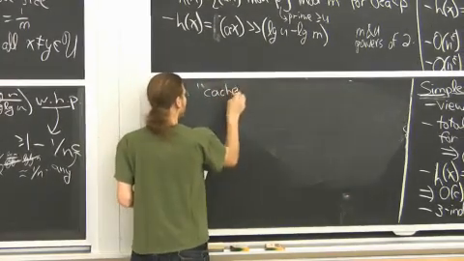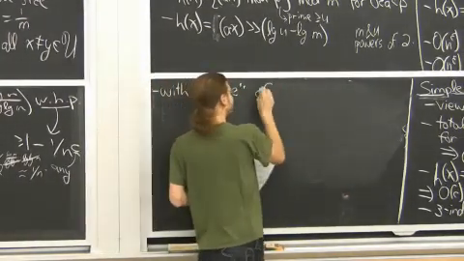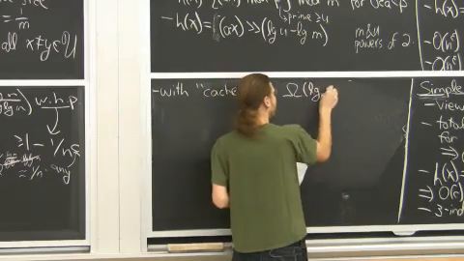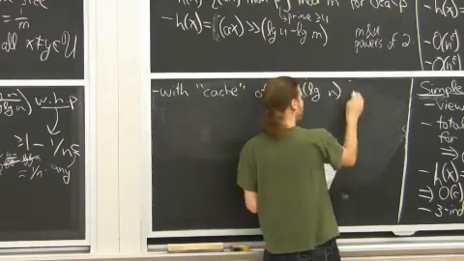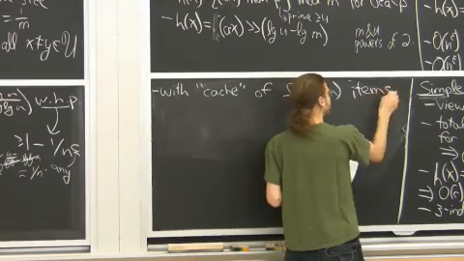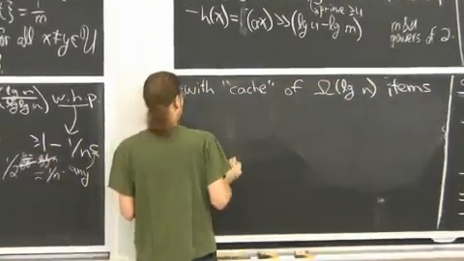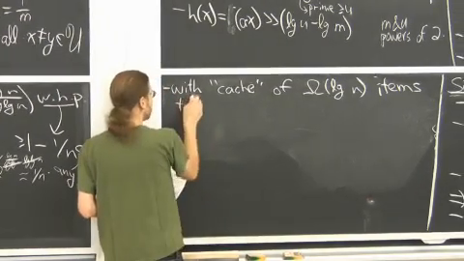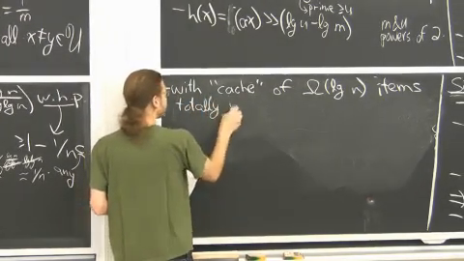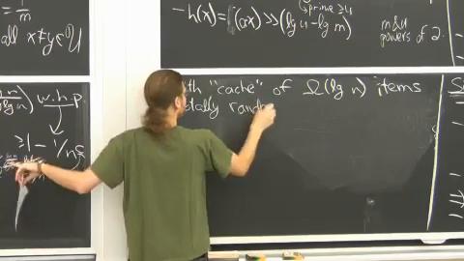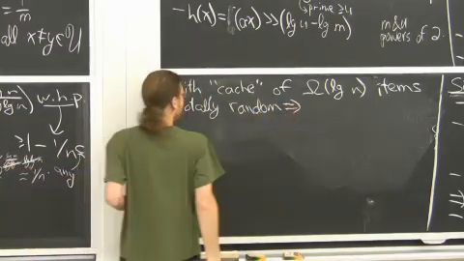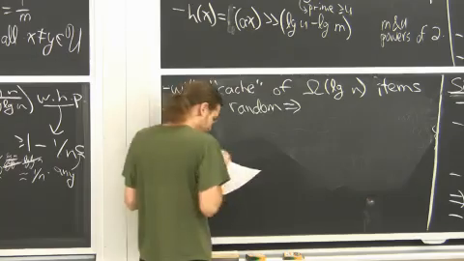If we change the model briefly and say, well, suppose I have a cache of the last log n items that I searched for in the hash table. Then if you're totally random, which is something we assumed here, in order to apply the Chernoff bound, we needed that everything was completely random.